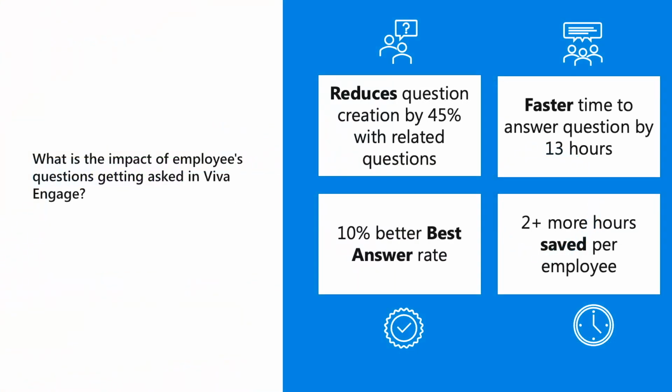In fact, I've got a slide here of data that we have recently dug up in looking at, this is actually just 2 months post the GA of Answers in Communities. But we're seeing by indexing the existing questions that you already have in your communities, 45% of the time when someone goes to ask a new question, they're clicking on one of those questions.